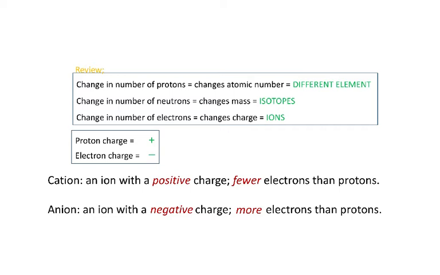If there's a change in the number of electrons, this changes the charge, and these are ions, right? And remember, this is because protons have a positive charge and electrons have a negative charge. So a cation is an ion with a positive charge, has fewer electrons than protons. And an anion, an ion with a negative charge, has more electrons than protons.